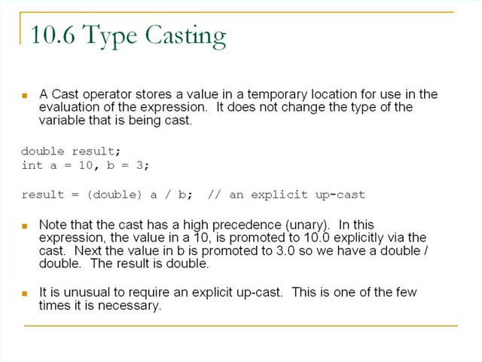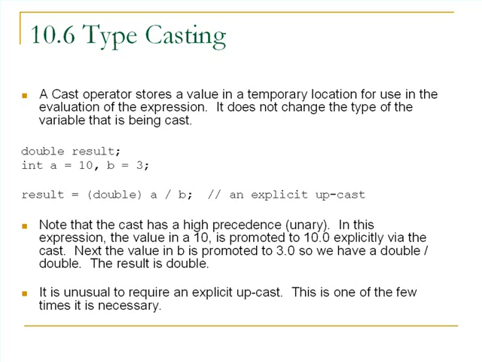So the value in A, 10, becomes 10.0. Now we have 10.0 divided by B, which is an int. B will be promoted implicitly without an operator, so that we would have a double divided by a double.